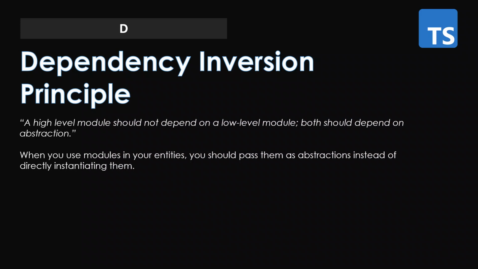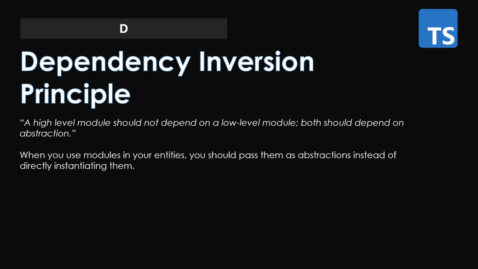If there is a high level component, the parent component, which is also utilizing its child component, it should not depend upon the child for its behavior. Instead, if there is a common dependency, then both of those should depend on one abstract implementation.